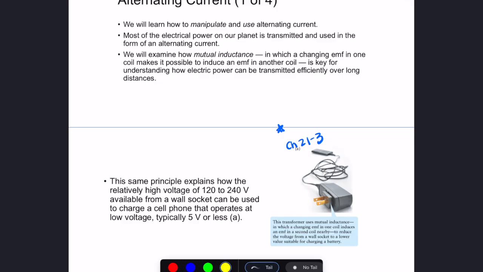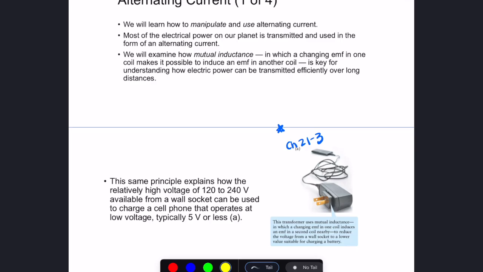And so what does that thing do? Well, it's a transformer, and it uses a property called mutual inductance to take the high voltage in the building, for example, in your home, you are running on 120 volts.